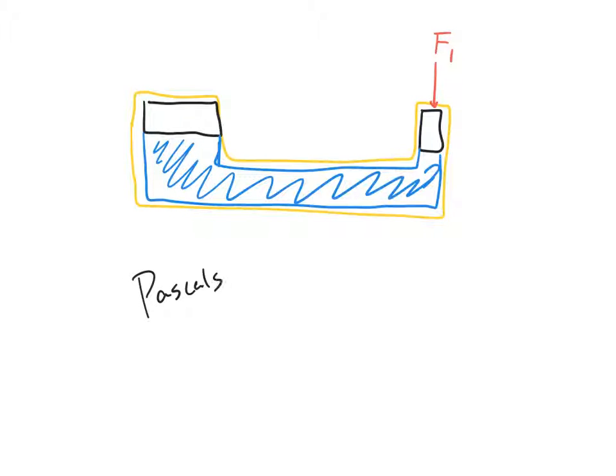Pascal's principle tells us that the pressure exerted outward in a closed system is equivalent on all parts of the system. So you see I'm drawing all these arrows acting outward. Every one of those red arrows acting outward is showing pressure, pushing out.